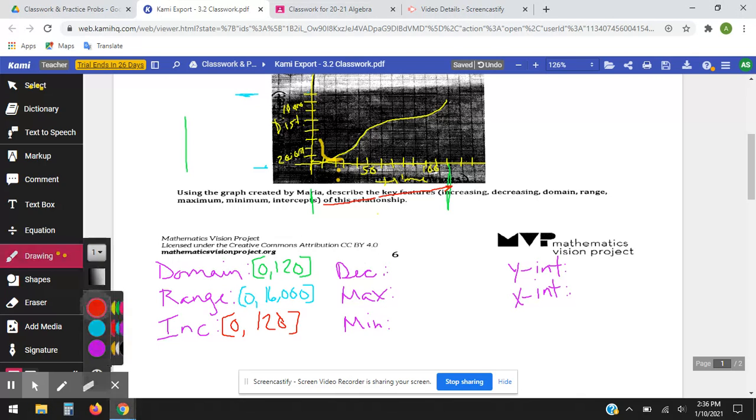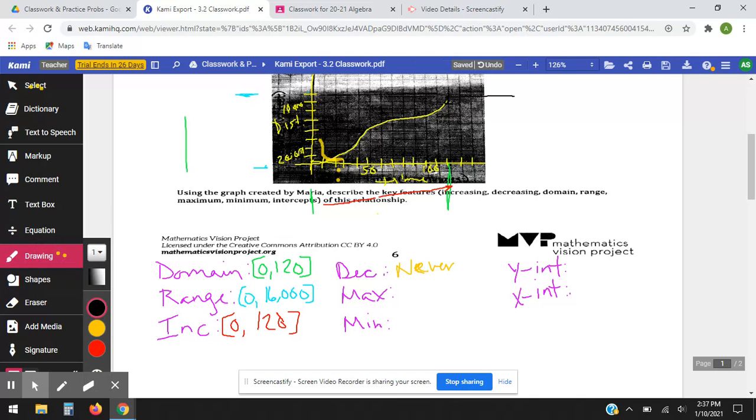And that means it's decreasing never. So we don't even have any decreasing segments, do we? The whole thing's going up.